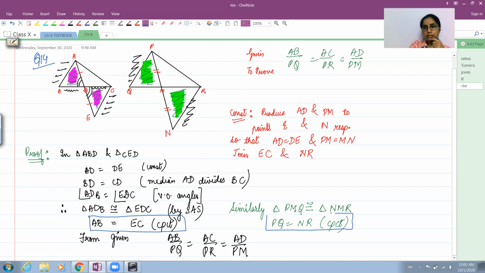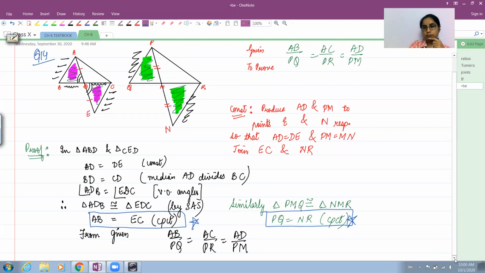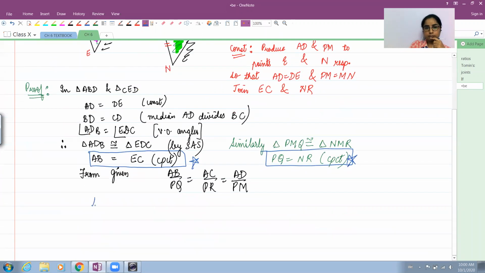Use the CPCT results in your given result. AB will be replaced by EC and PQ will be replaced by NR.